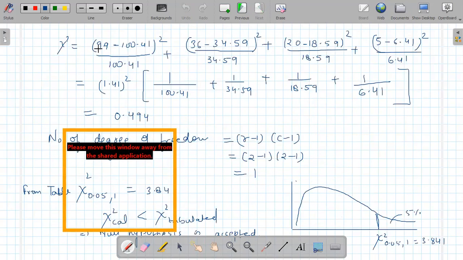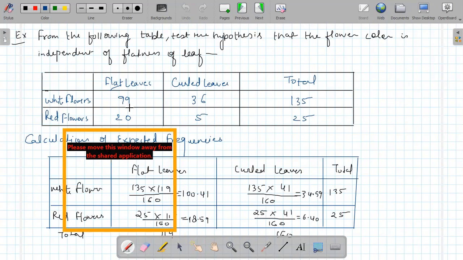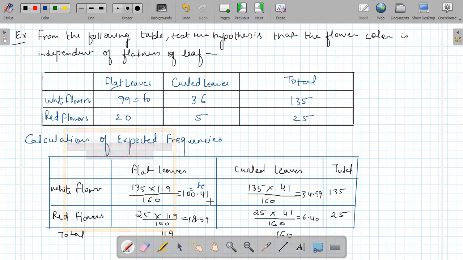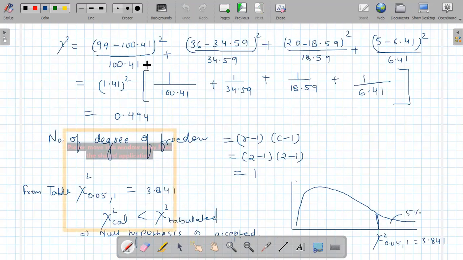So now we apply the formula of chi-square, which is (Fo minus Fe) whole square divided by Fe. See here, this is Fo, this is Fe: (99 minus 100.41) whole square divided by 100.41.